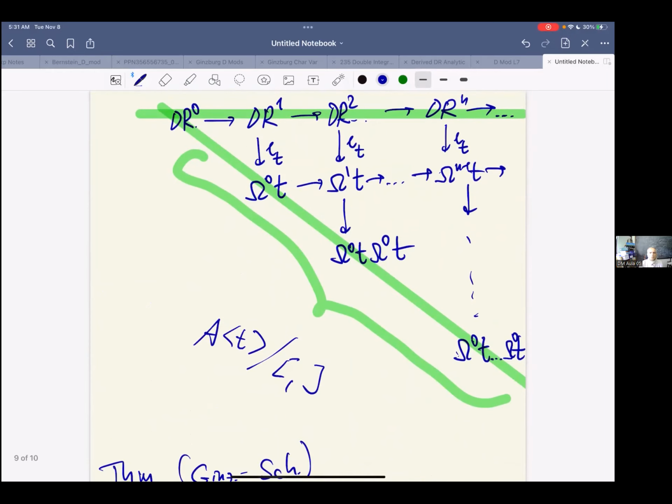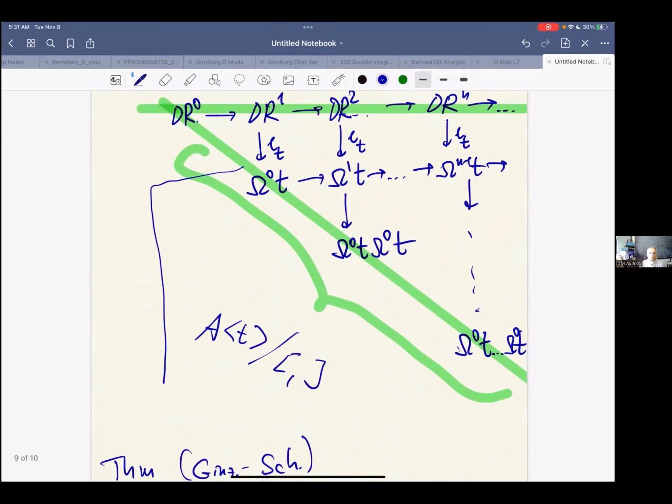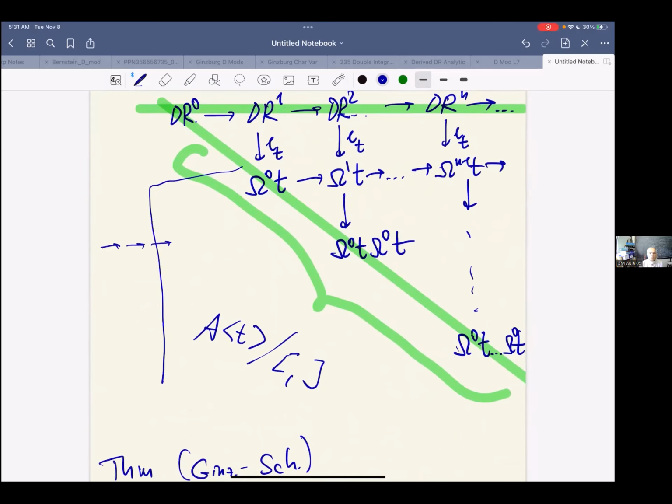Okay, so, yes, and also, of course, maybe I should say that again, all those horizontal things, horizontal differential here, again, you have non-commutative de Rham, non-commutative Poincare lemma. So they are all acyclic modulo scalars.